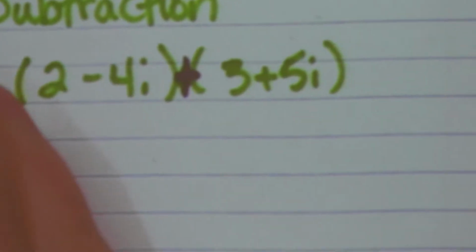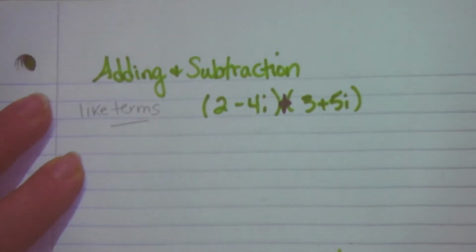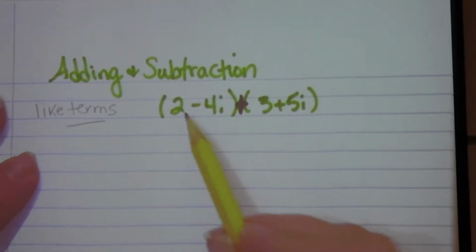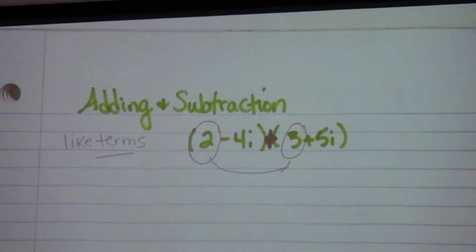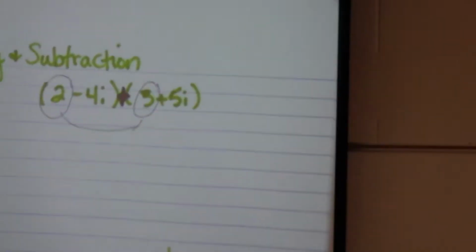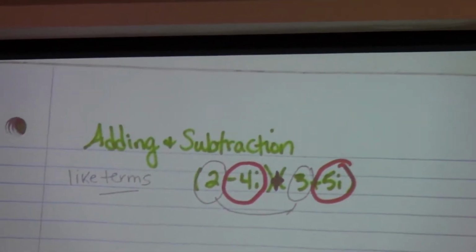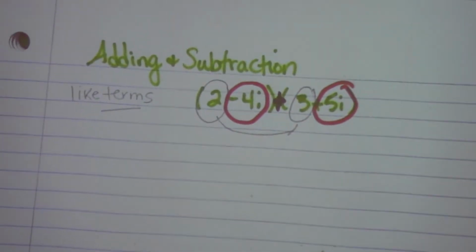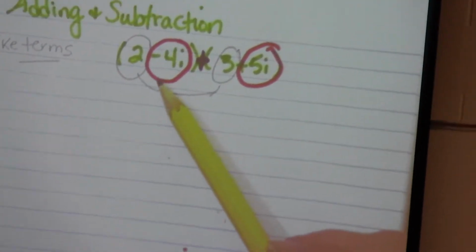So we have to look for like terms. When I add these, then I'm going to add the 2 and the 3 because they're the same. And then when I'm done with adding my 2 and 3, then I'm going to add my negative 4 and my positive 5 i's. So just like if this had an x on it, we would add those together. We add them exactly the same way.